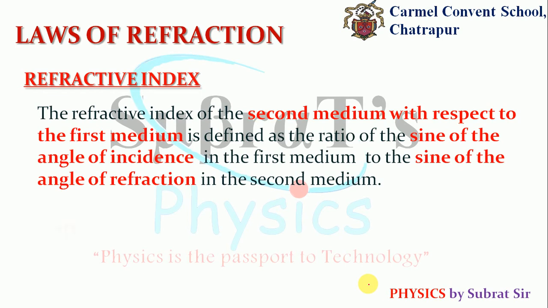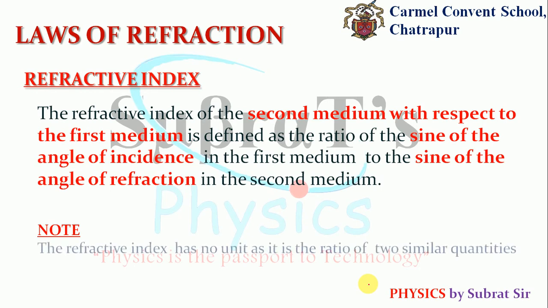Note that as these are two similar quantities, the refractive index has no units. This is an important one-mark question: what is the unit of refractive index? Refractive index is unitless, dimensionless also, because it is a ratio of two similar quantities.